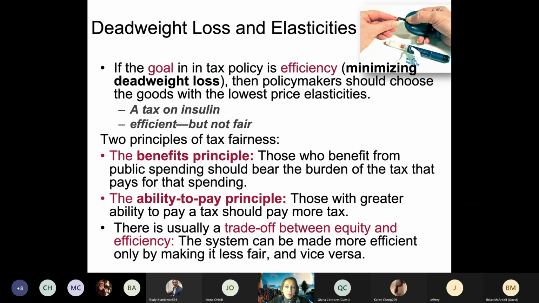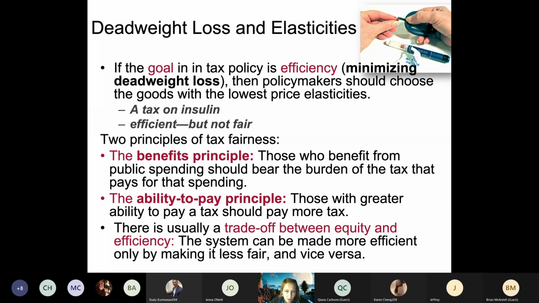Yeah, ideally you want those who benefit from public spending to bear the burden of the tax that pays for that spending. How do you do that though? It's not even practical. Maybe when people are young, they should pay a tax to finance their own insurance at the time when they really need some public assistance.